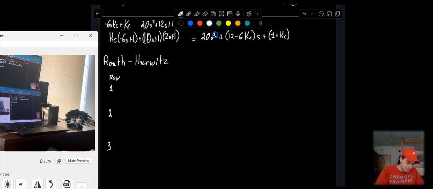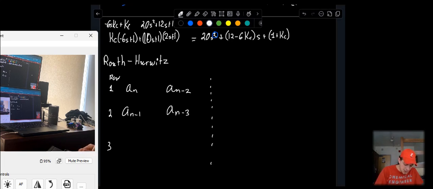So this should be an minus 2, an minus 1, an minus 3. So let's go ahead and do that. So an is, of course, 20. An minus 2 would be 1 plus kc. An minus 1, 12 minus 6 kc. An minus 3 is 0.